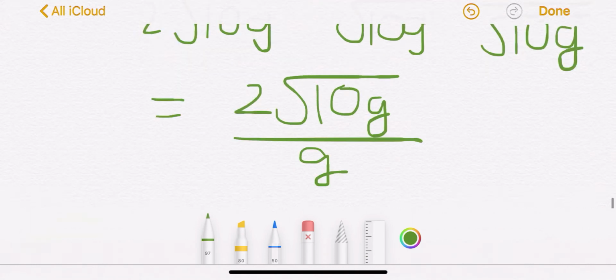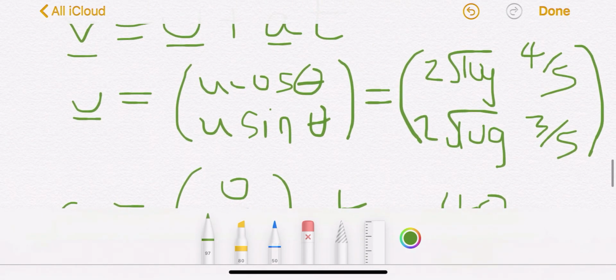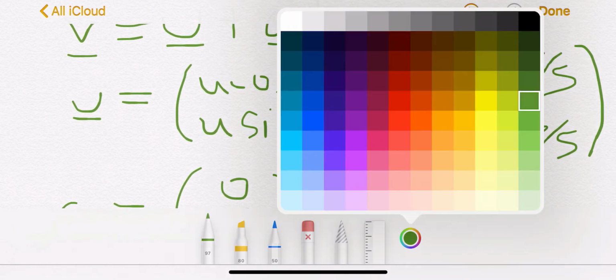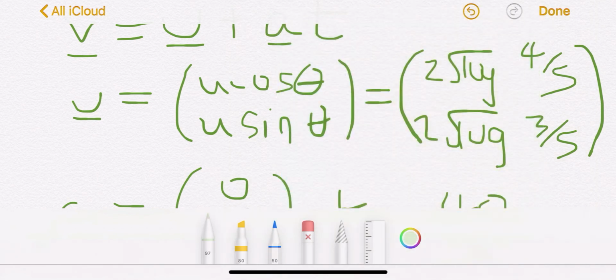Okay, so if we put that into our v equals u plus at, we get v equals, and let's take this u here, and let's take a factor out of 2 root 10g over 5. That's going to make it look a lot nicer.